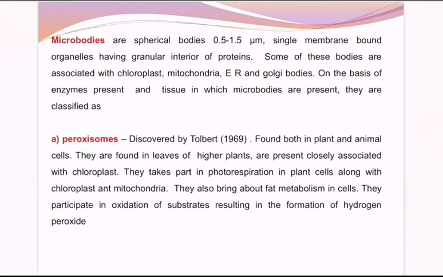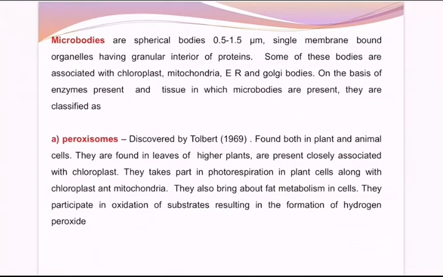Now the microbodies. As the name suggests, these are very small, spherical bodies and single membrane-bound organelles. Some of these bodies are associated with chloroplast, mitochondria, endoplasmic reticulum and Golgi body. On the basis of the enzymes present and the tissue in which microbodies are present, they are classified. First, peroxisomes.